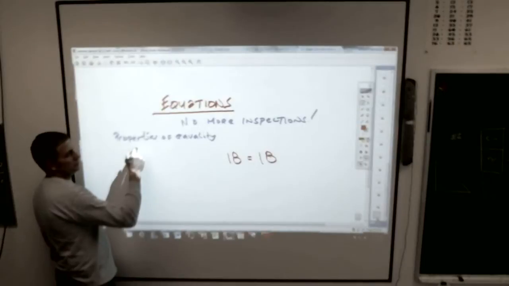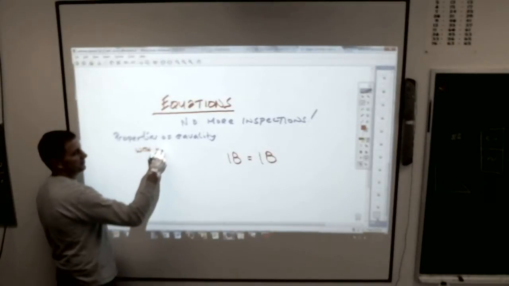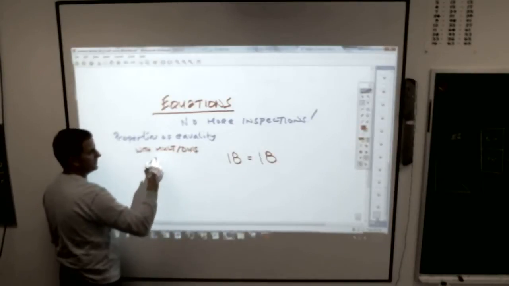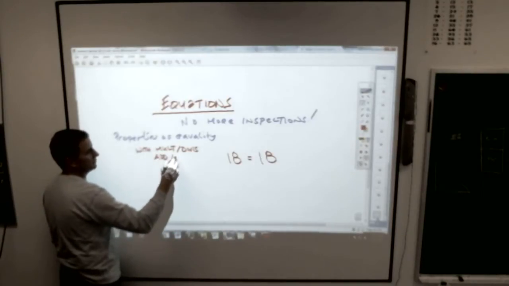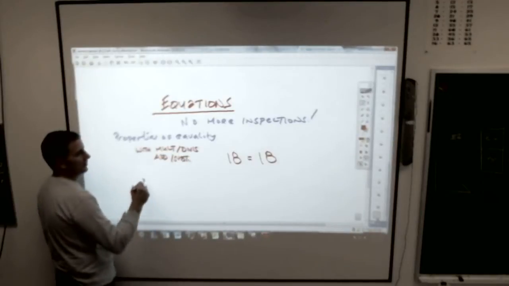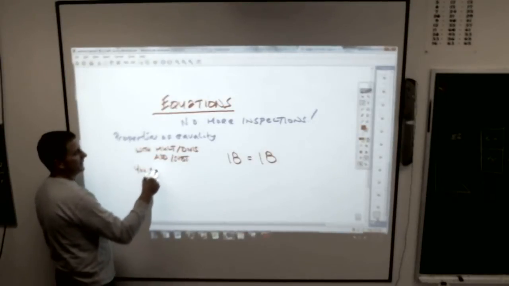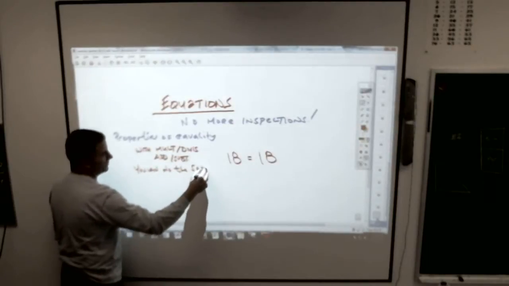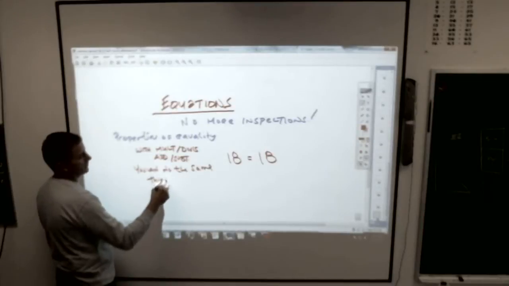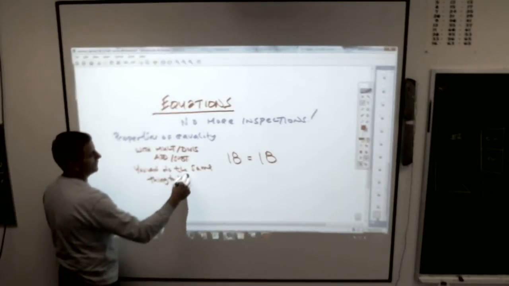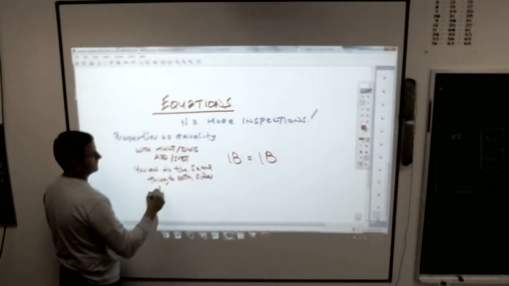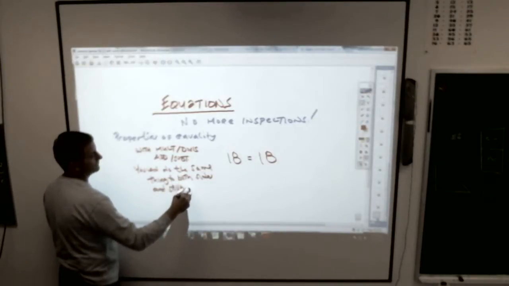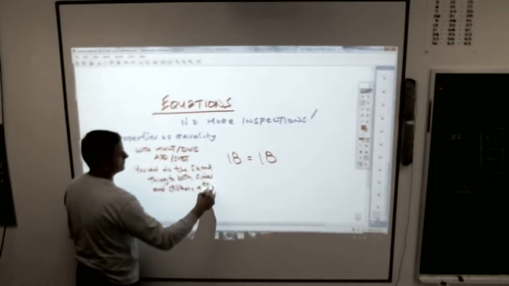When it comes to multiplication, division, addition, and subtraction, you can do the same thing to both sides and still have a true equation.